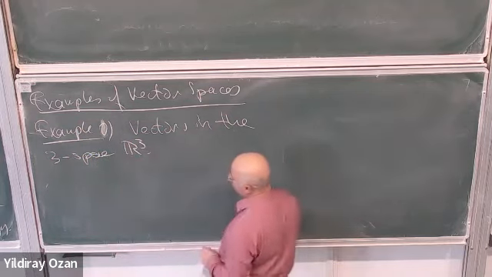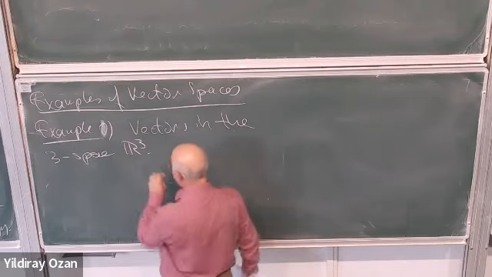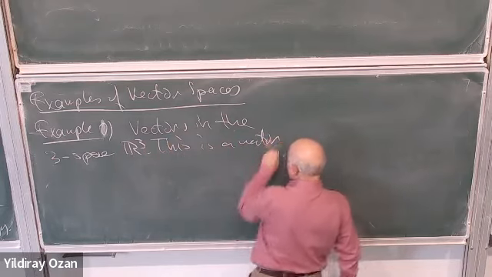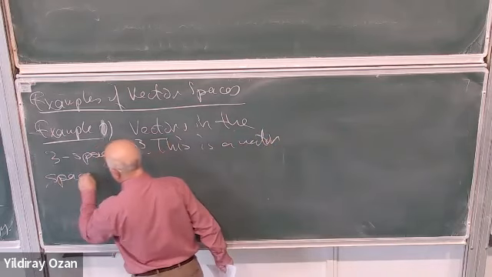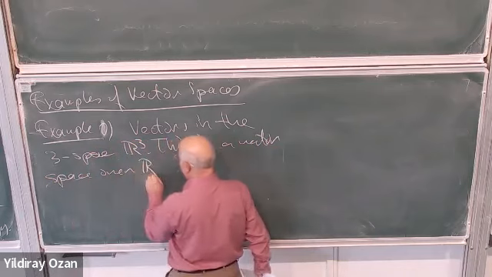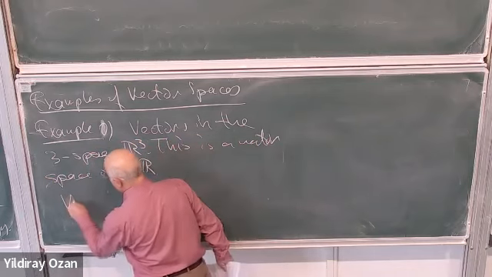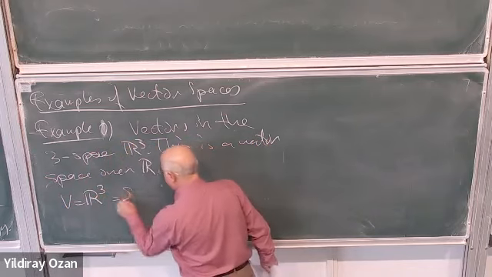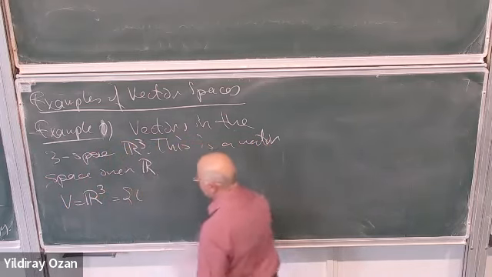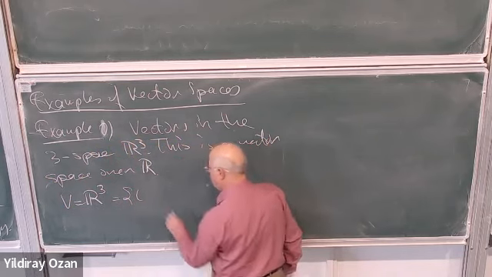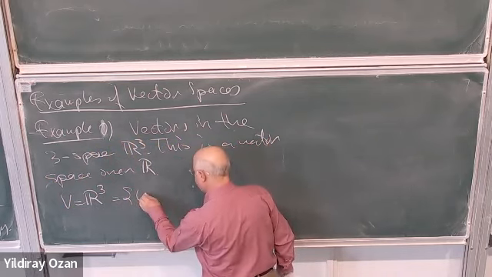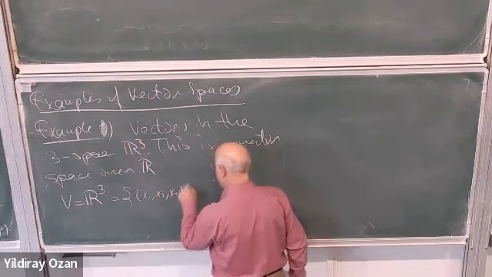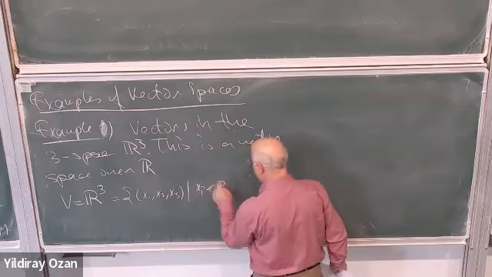This is a vector space over R. How? Well, V is R3, meaning that this is a set of triples like (x1, x2, x3), where the x's are real numbers.